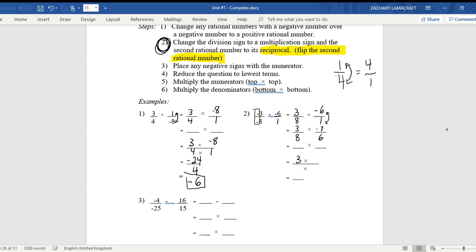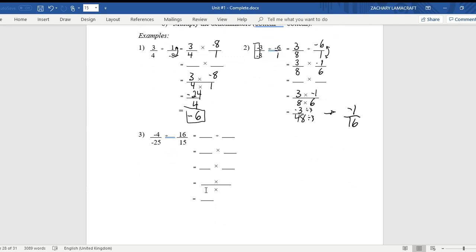So then it would be 3 times negative 1 and 8 times 6. This giving us negative 3 over 48. And we can actually reduce this by dividing both the top and the bottom by 3, giving us negative 1 over 16. Okay, make sure you get that down.